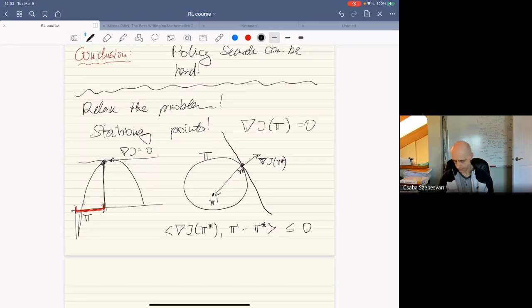It's not positive for all pi prime. Then we could call pi star a global stationary point in the constraint case. If everything is convex, then this is sufficient and necessary for pi star to be optimum.